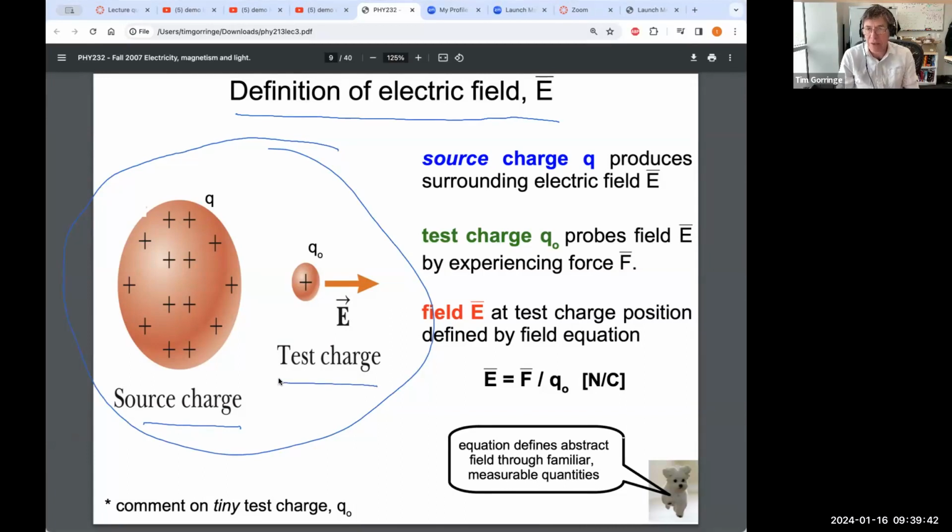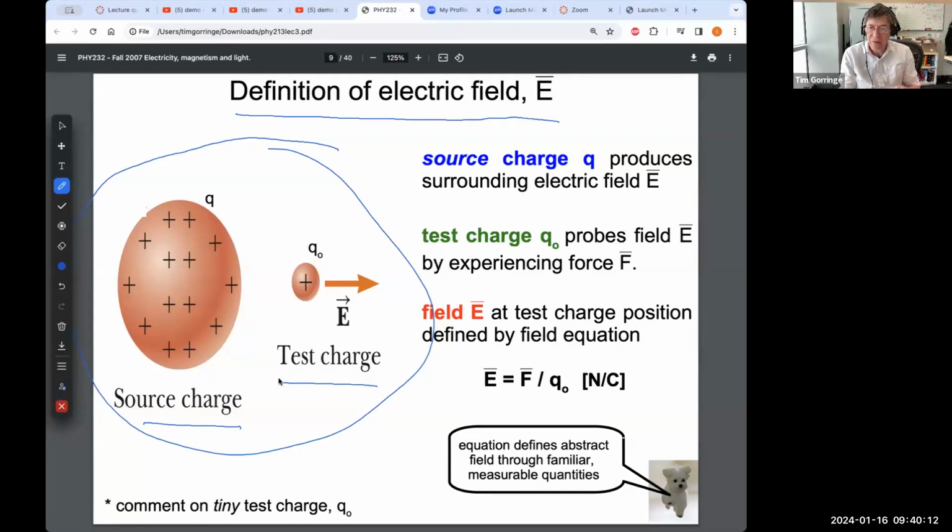So what do I mean by the source charge? What do I mean by the test charge? The source charge is some arrangement of charge. It could really be any arrangement of charge. There's an arrangement of charge that creates an electrical field. So surrounding the source charge is an electrical field. And we're interested in measuring, exploring, or probing that electrical field.